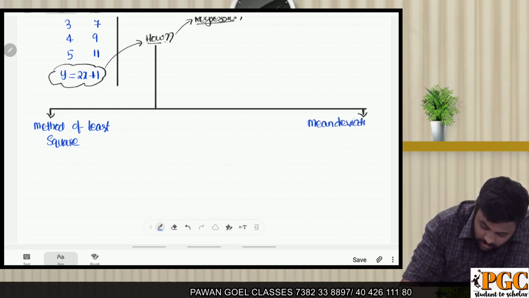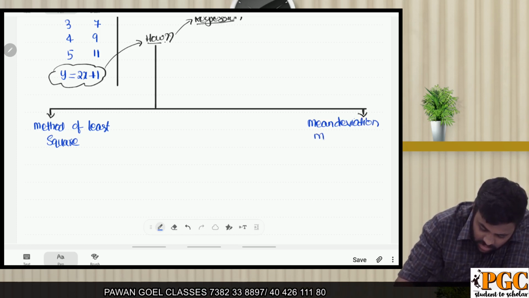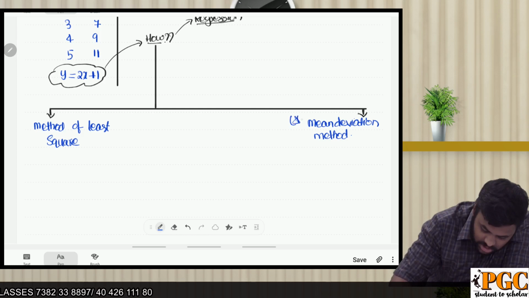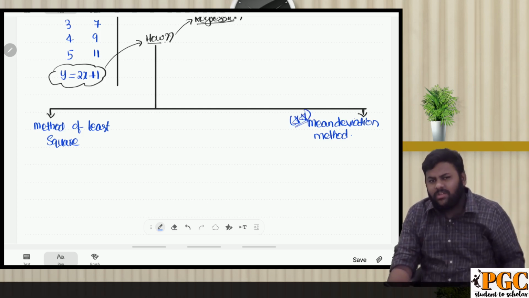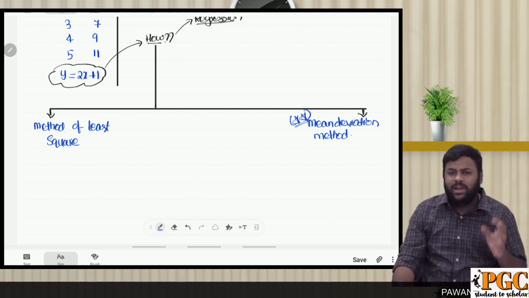What method? Mean deviation method. Among these two methods, the mean deviation method is supposed to be an important method. However, the method of least squares is as well important.